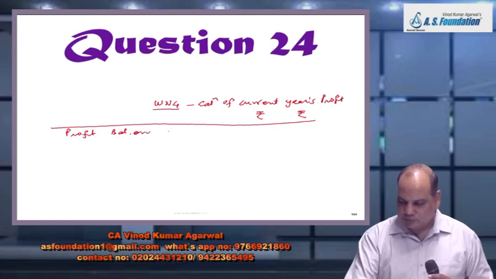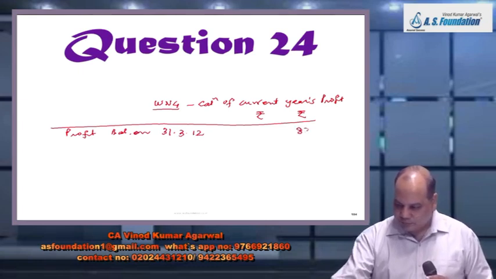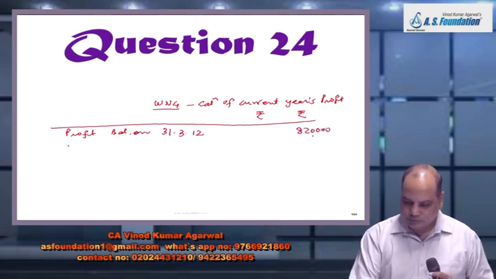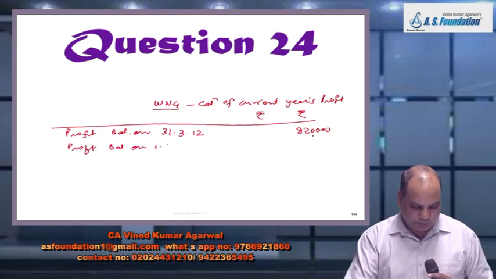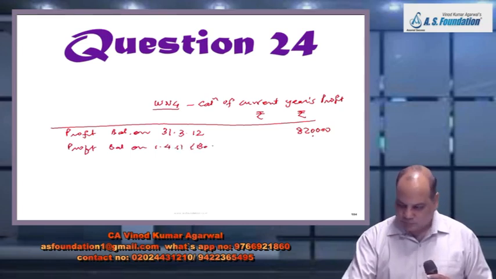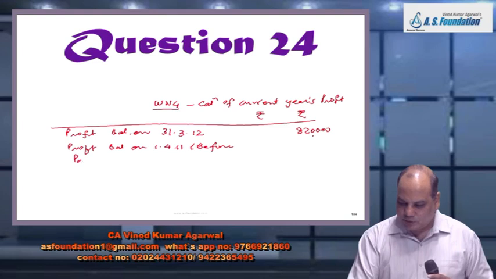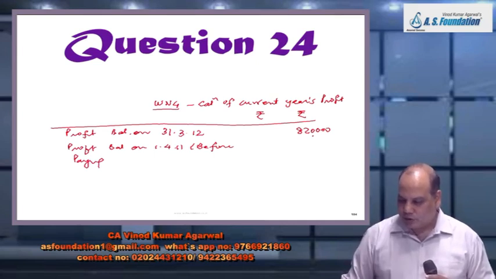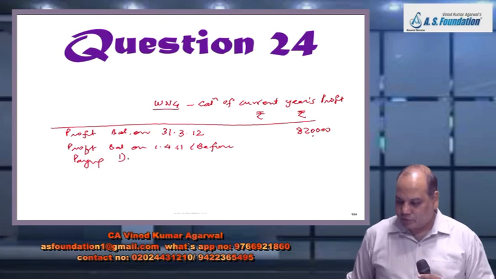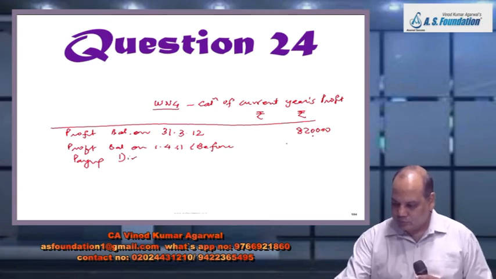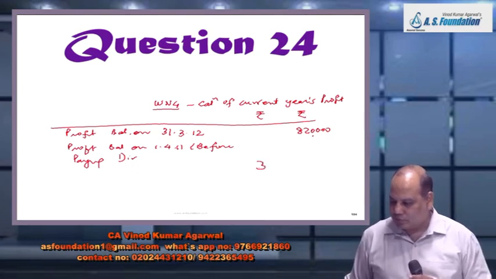Profit balance on 31st March 12 is 8,20,000. Profit balance on 1/4/11, before paying dividend, was 3 lakh.